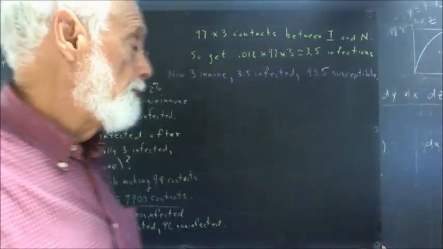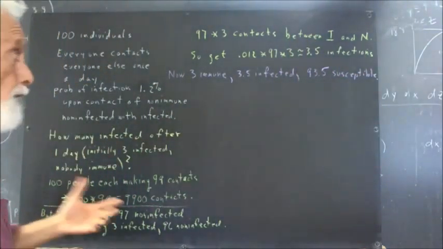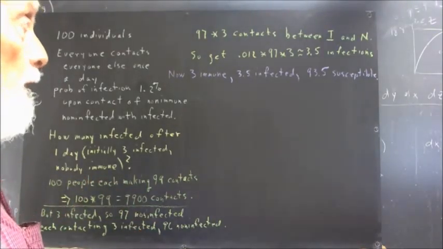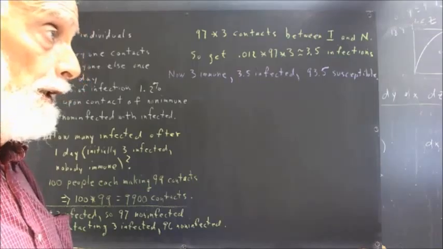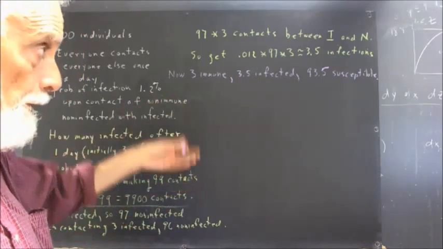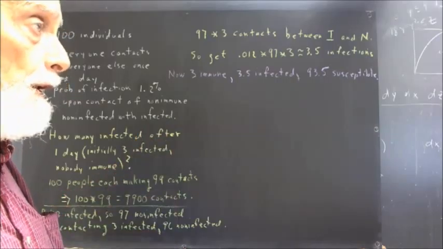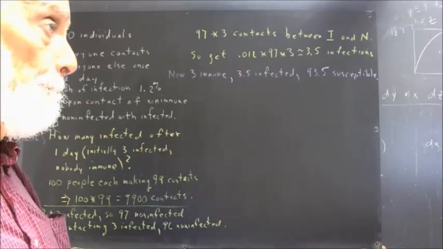They're susceptible to the infection. So now what's going to happen on the second day? How many infected people are we going to have after the second day, and how many susceptible and how many immune? Should be able to work that out.